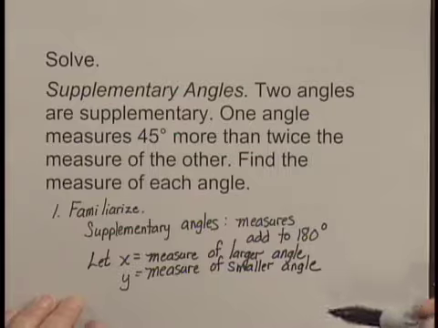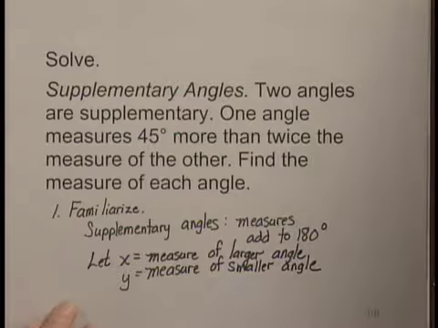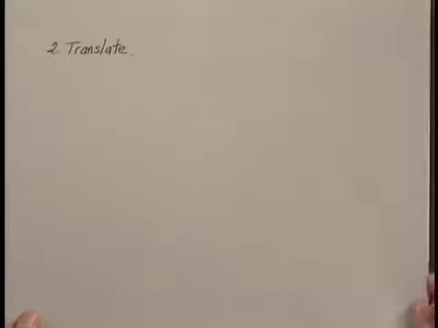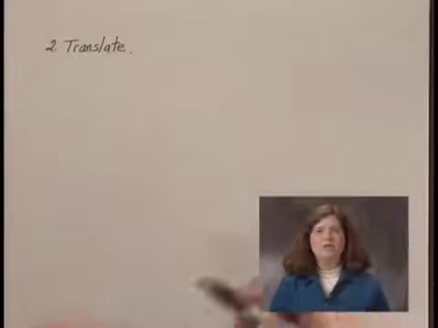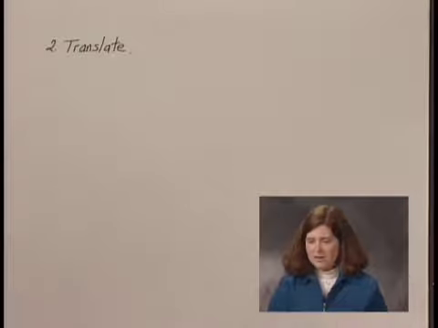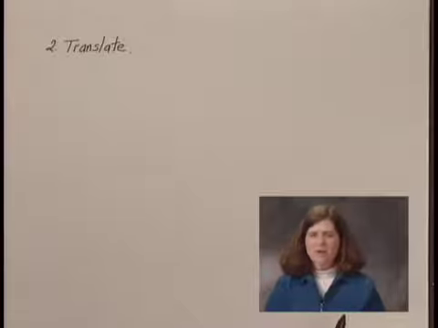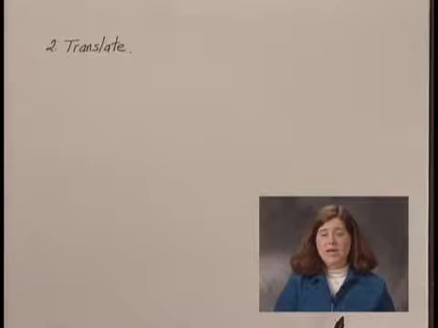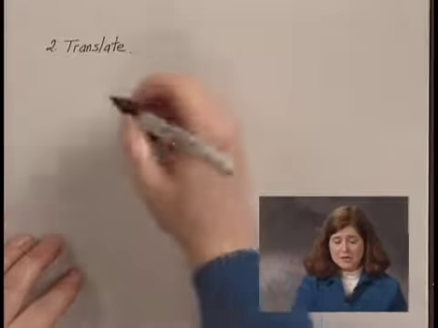Now that we have this much information, we can move to our next step, which is to translate the problem to mathematical language. I'm going to start by rewriting the two relationships that I see in the problem in a slightly different way that will make it easier to translate directly to math. I know that the two angles are supplementary. That means that their measures add to 180 degrees.